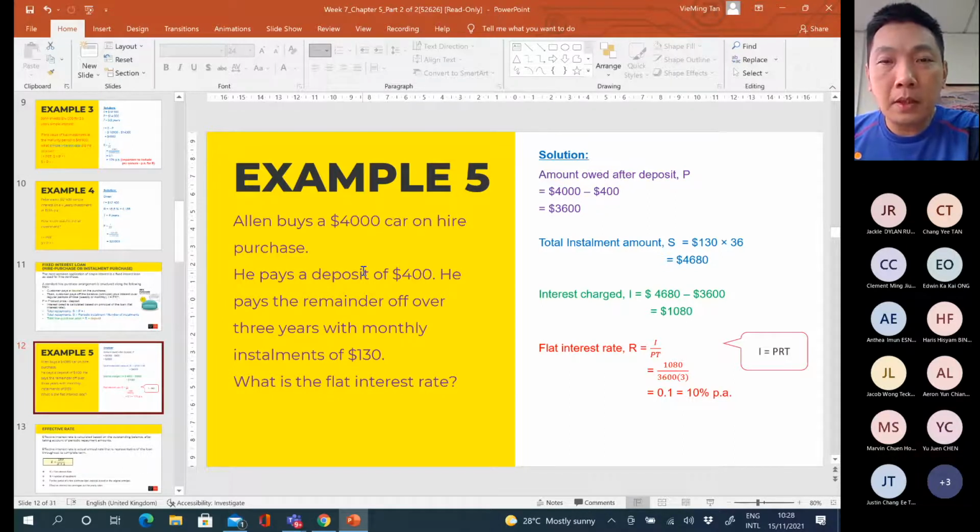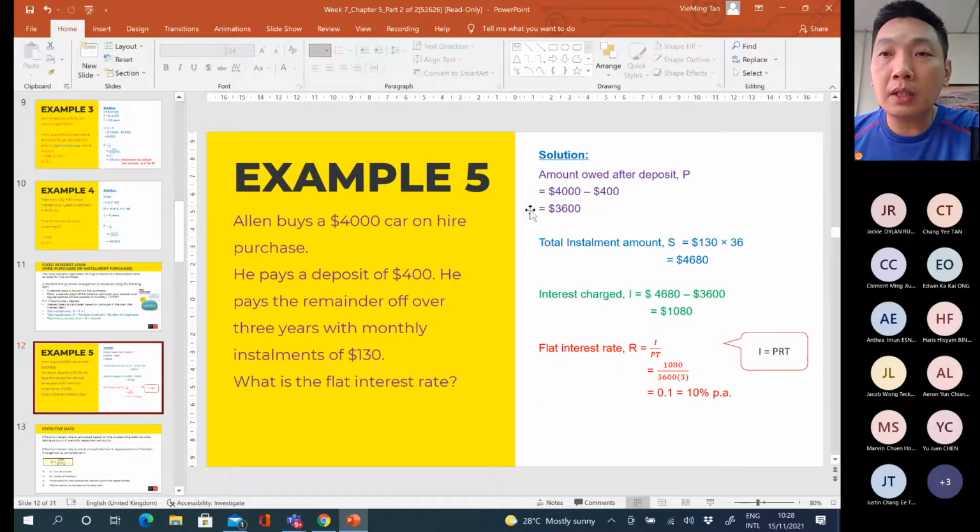When you see this 400, immediately you must calculate the principal of this hire purchase agreement. What is the principal? That means the original amount of money still yet to be paid by Alan, the customer. So immediately we have to calculate P first. P is the list price of the car minus the deposit, so it is equal to 3,600.